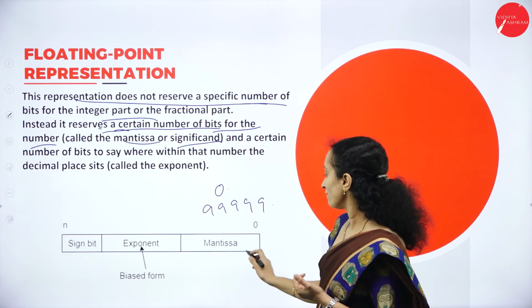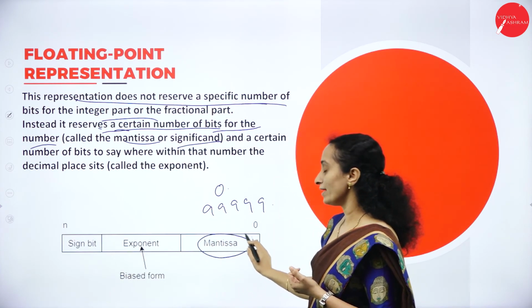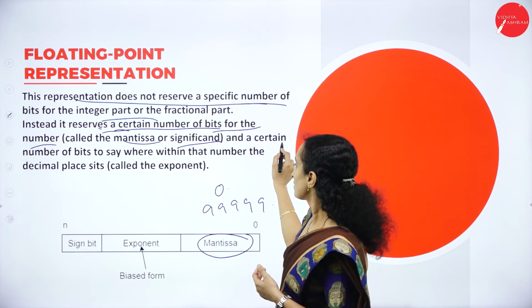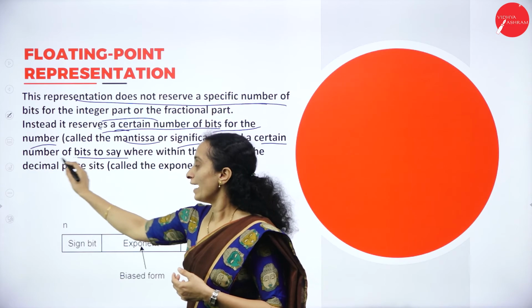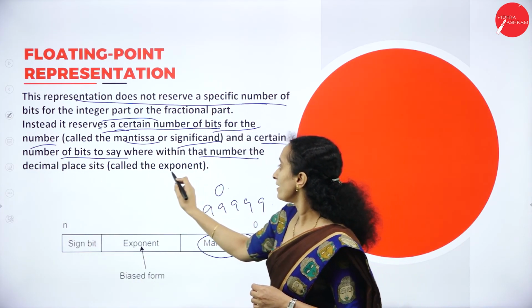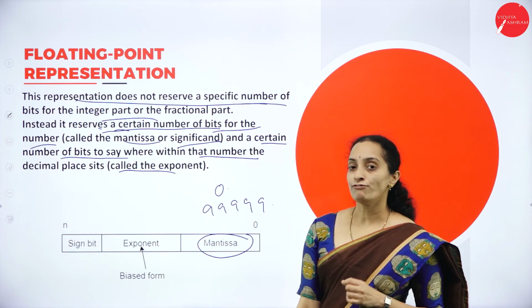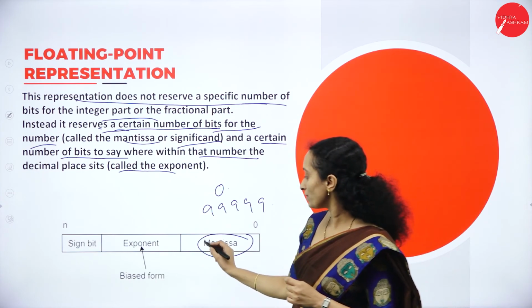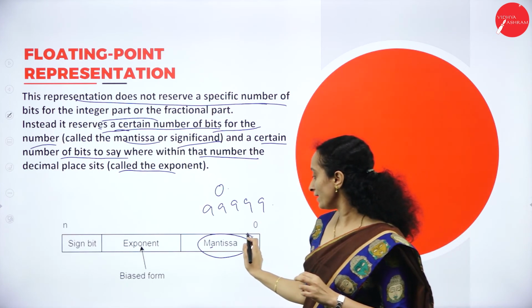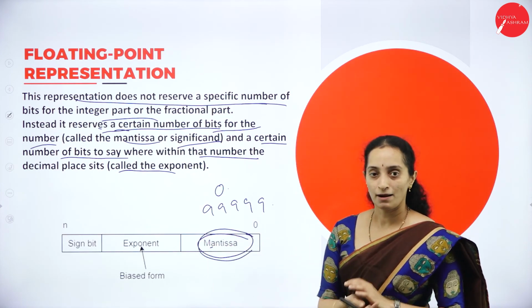Okay, it will have a mantissa part where you can add extra bits to your number. Okay, and a certain number of bits to say how many decimal bits it can occupy, which will be specified by the mantissa part.